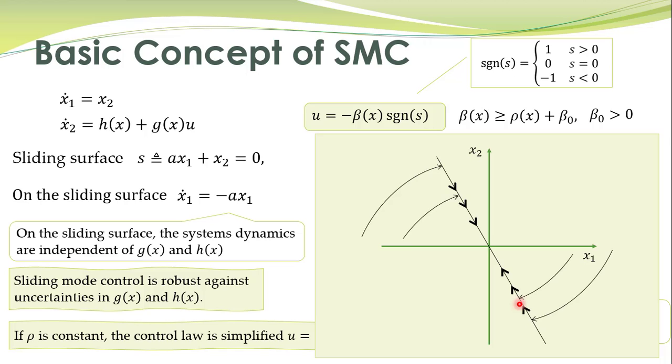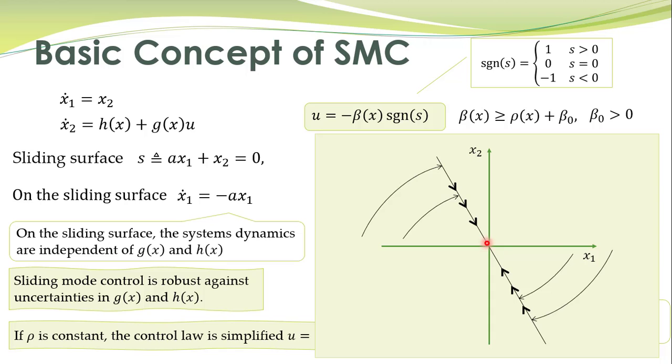What this control law does is that if the trajectories are not on the sliding surface, for example, if these are the initial conditions, that is, s is not equal to 0, what does this control law do? This control law brings any initial condition to this sliding surface. Once the trajectories are on the sliding surface, they will automatically converge to the equilibrium point.